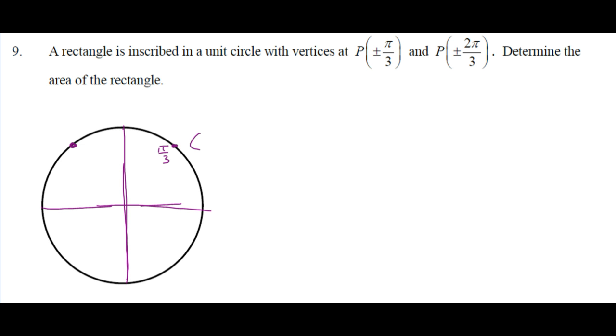So P of pi over 3, P of negative pi over 3, and negative pi over 3 is down here. And 2 pi over 3, which will be here. And negative 2 pi over 3, which will be down here. And it's supposed to look rectangly.